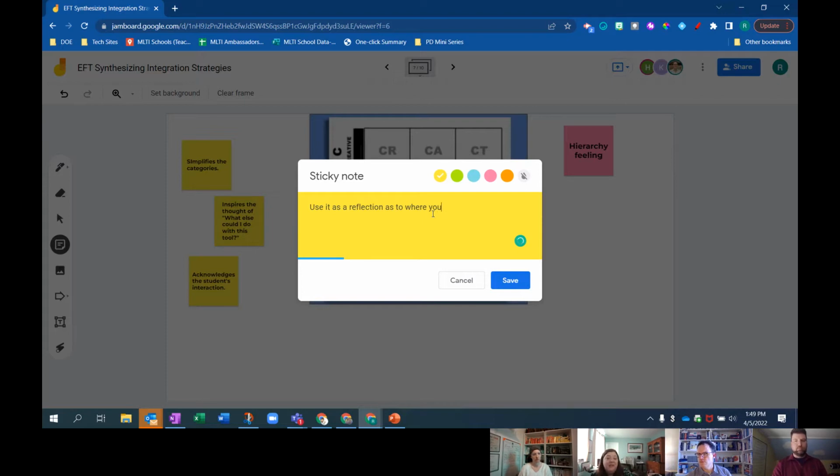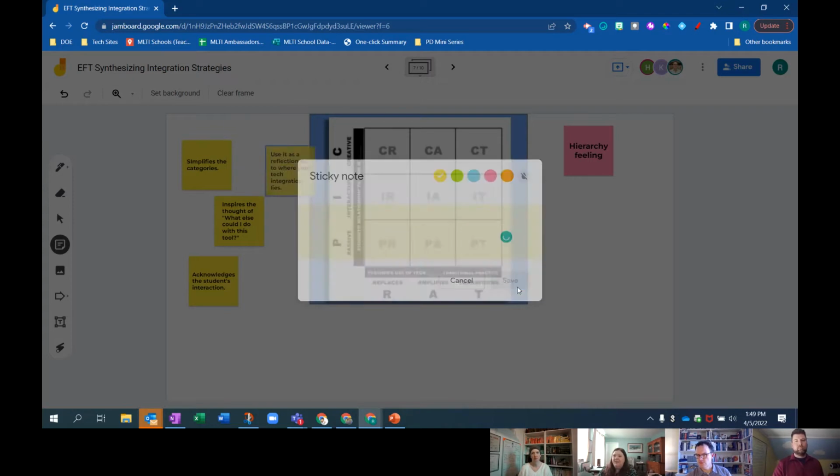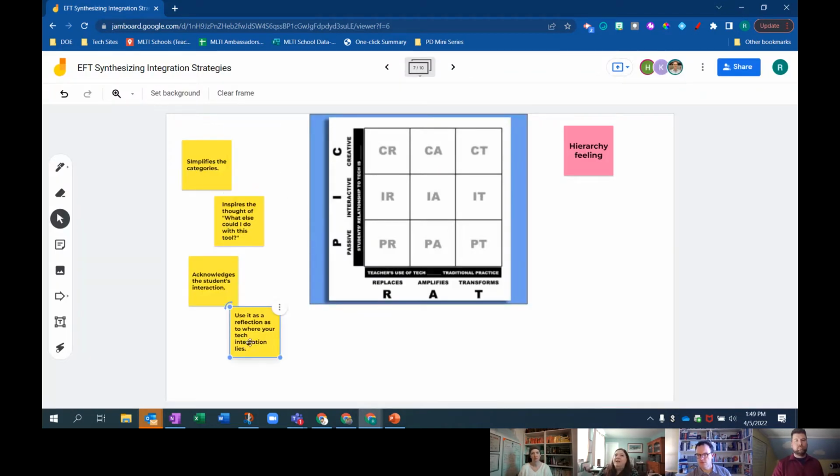I could actually see this being an evaluative tool as you're looking at your lesson plan, and maybe even start recording how many times I meet each of these categories, and really start looking.